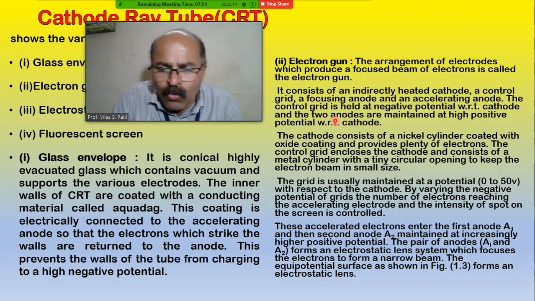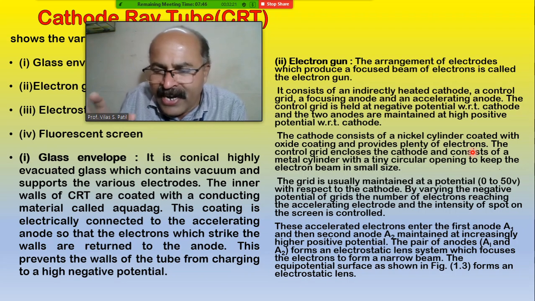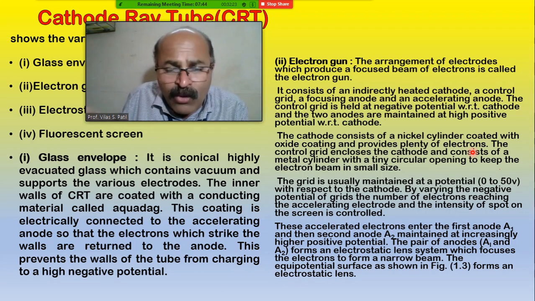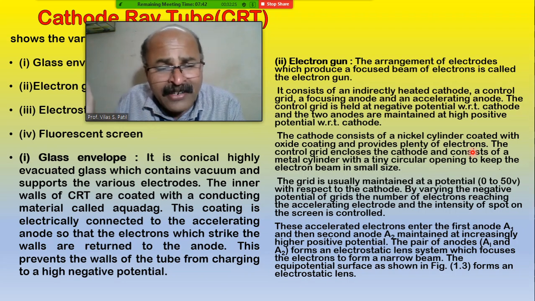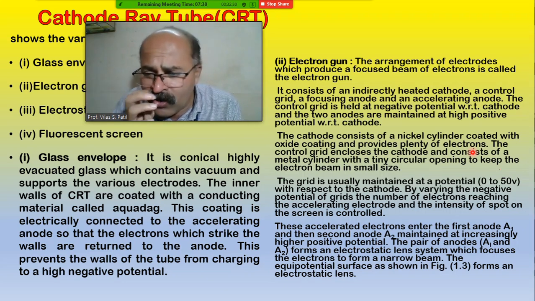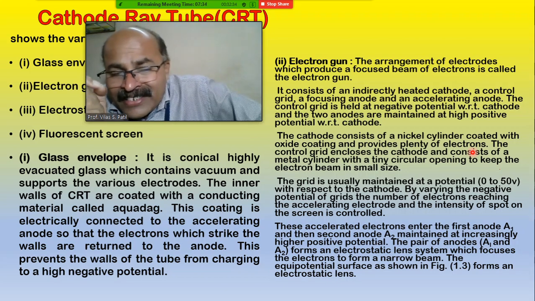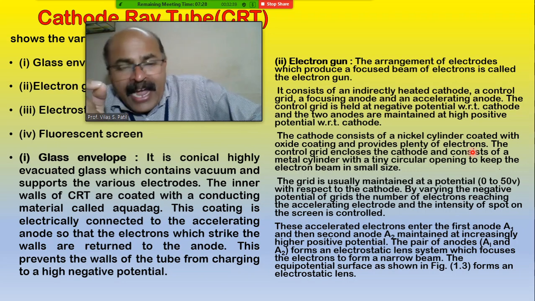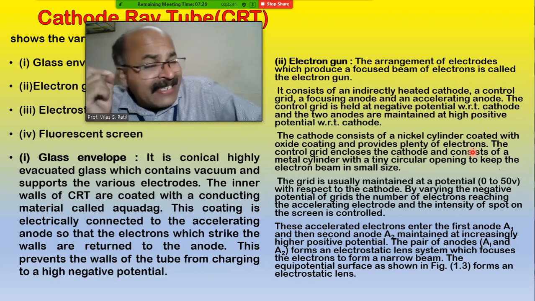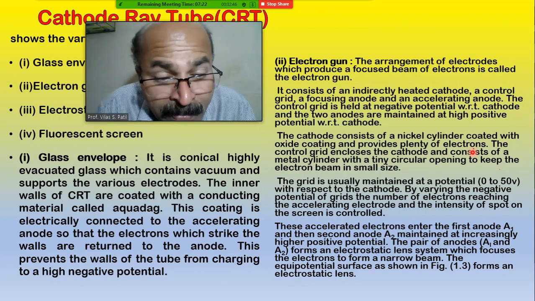Again there is one another control grid which encloses the cathode as well as the filament, and that will be known as a control grid. And the control grid has one very tiny hole at the center, and that tiny hole can decide the size of the beam.